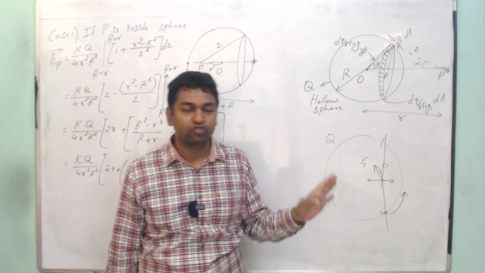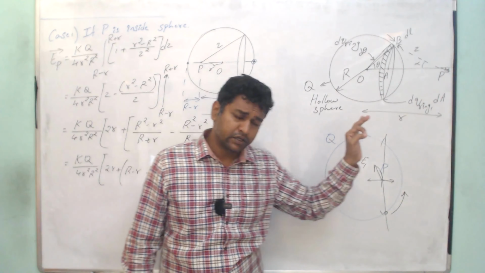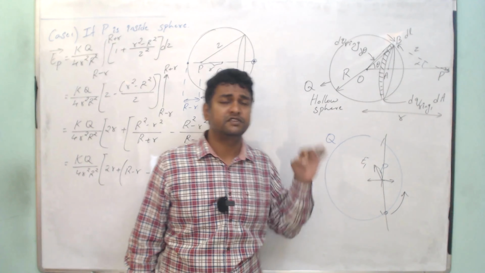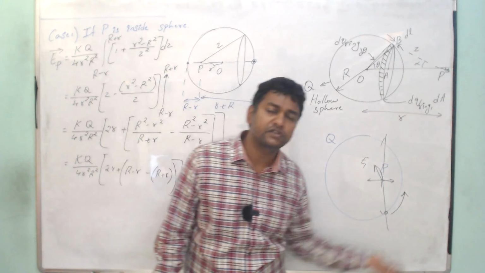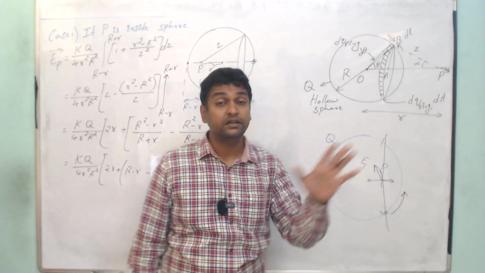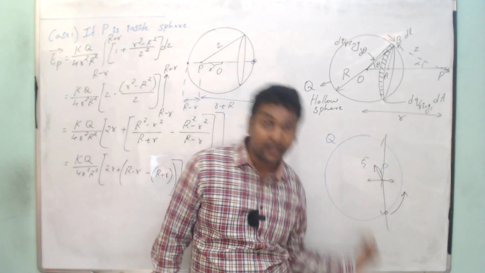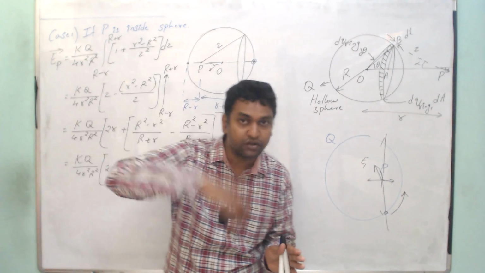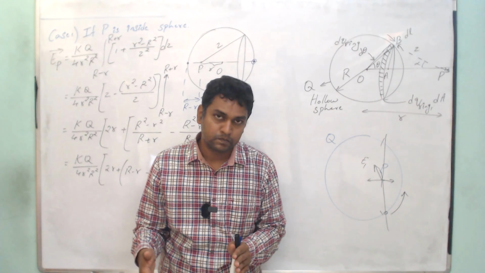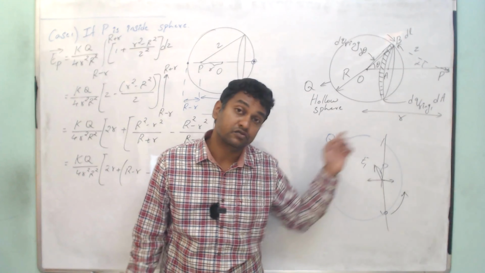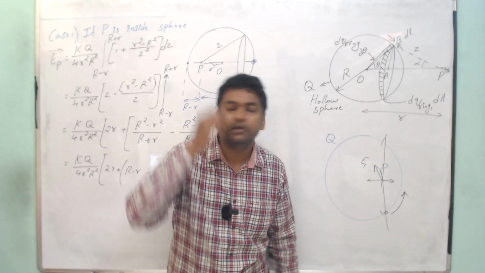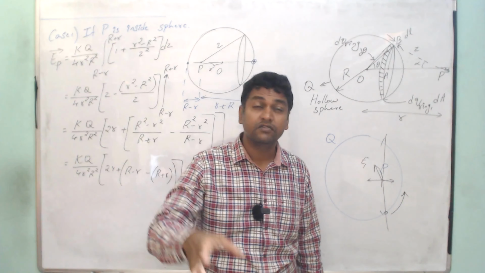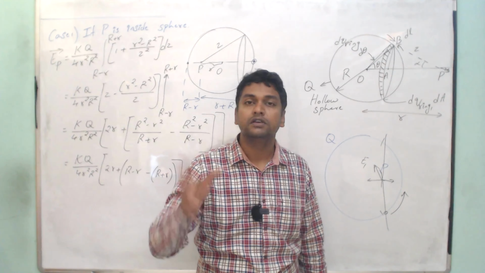So the integration of a physical quantity which is varying in a continuous way, such that the initial vector and the final vector are the same, means the function is reaching back to where it has come from, vectorially in terms of 360 degrees. If you remember in vectors, the summation of all the vectors along the polygon law, even if the polygon is not a regular polygon, is always 0.